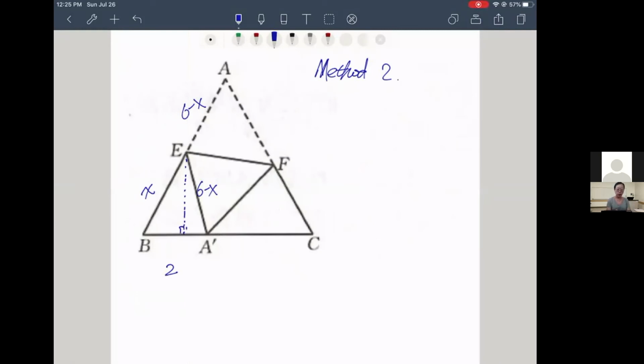So if I draw the height of this triangle A prime BE with base A prime B, so the hypotenuse is x, so the shorter leg is x over 2, which means the other piece is 2 minus x over 2, and the height, the longer leg is square root 3 over 2 times x, right?